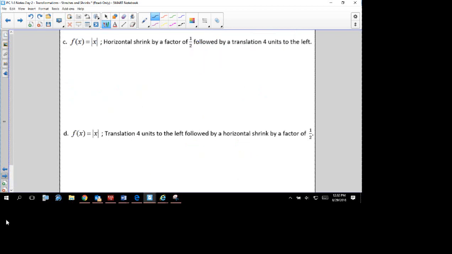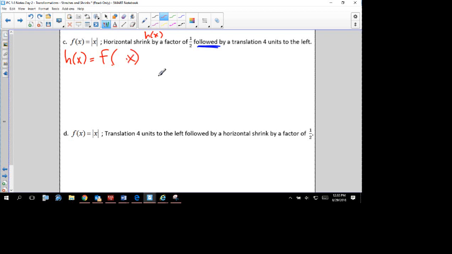Okay? All right, so C, horizontal shrink by a factor of 1/2, followed by a translation 4 units to the left. So I'm going to do my h of x first. And it says a horizontal shrink. So where's a horizontal transformation go? Inside. So the way I write that is f of, and on the inside we're going to multiply something by x.